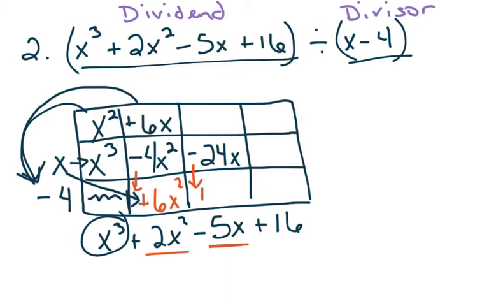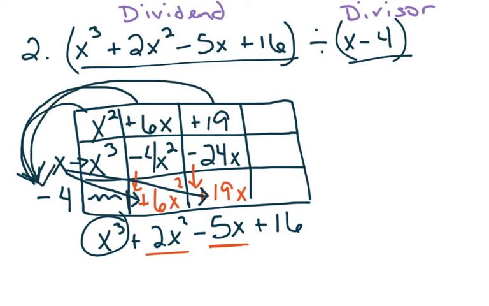I need to add 19x. So now we're going to start the process over. What do I need to multiply x by to get 19x? I need to multiply by a positive 19. Okay, so now we're starting over. 19 times negative 4 gives me a negative 76. Okay, what do I need to add to negative 76 to get a positive 16? I need to add a positive 92.